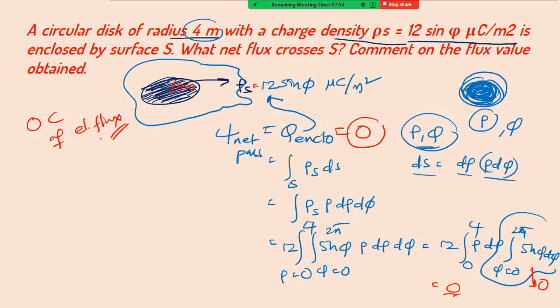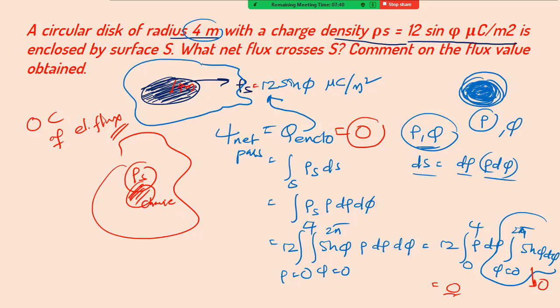How is it possible? They said that within the closed surface you have the circular disk having surface charge density. Okay, surface charge density is there, which means charge is available. Even though charge is available inside the closed surface, no flux is going outside. How is it possible? Equal amounts of positive and negative charges are available. Positive charge is there, negative charge is there.